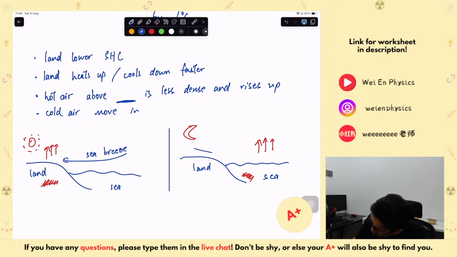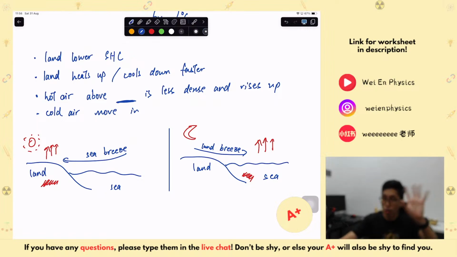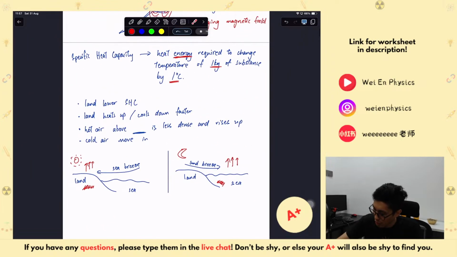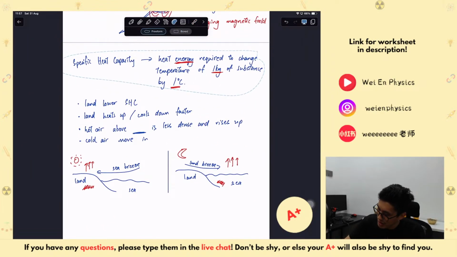So cold air will move in from the land. This is what we call land breeze. So always just remember, who heats up first, who cools down first? Then you think about the hot air. The hot air goes up, someone must come in and fill up. That's the cold air. So this is specific heat capacity, and more specifically about land breeze and sea breeze.